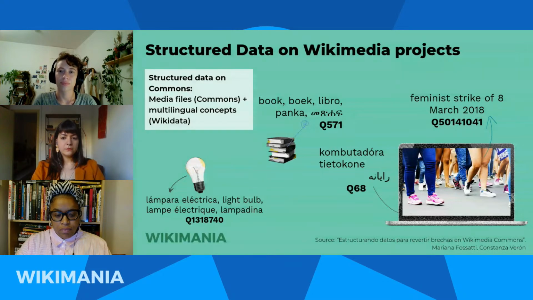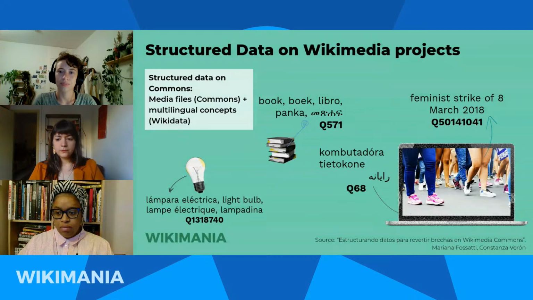This is a collaborative database. Commons is a collaborative media project, and both together make it easy for people, for instance, to search images in different languages, and to let the search engine on Wikimedia Commons find images in a more contextualized way, because the images are related with data in different languages.